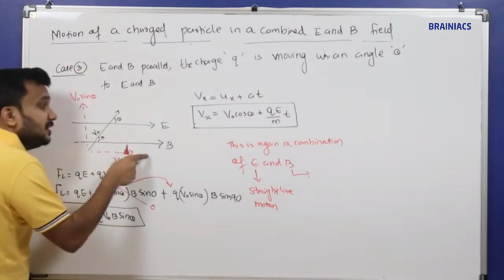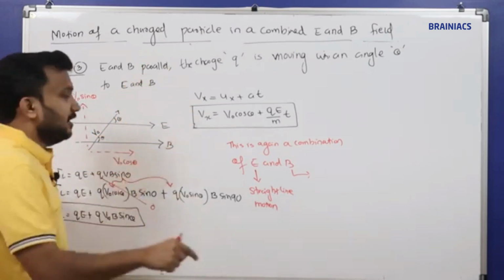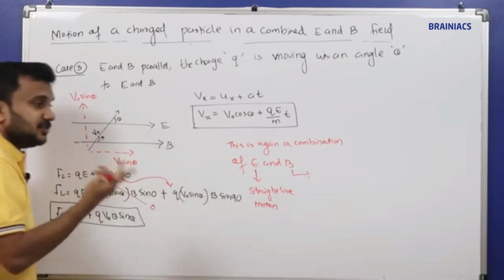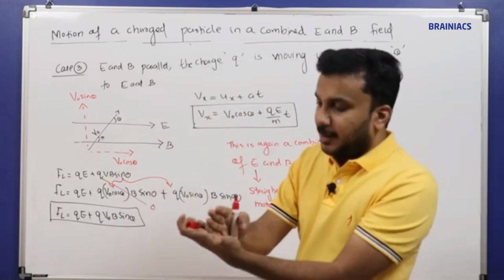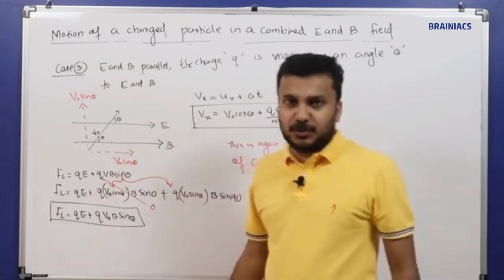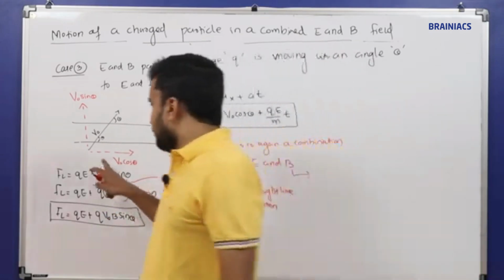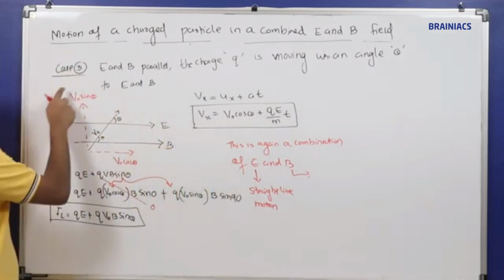V0 is no longer there because V0 is split, like a full apple cut into two halves. Now the full apple does not exist, only two half apples. V0 cos theta has no effect, but V0 sin theta will.